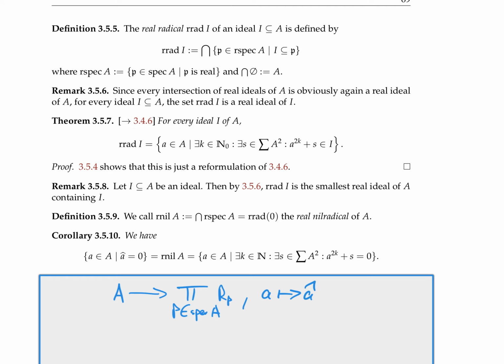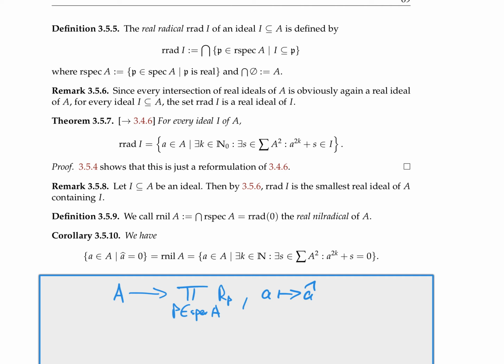Yes, if this is true with k equals 0, when 1 plus such an s is in I, then I could just multiply it with a squared, and a squared times s is again a sum of squares. Yes, it's okay. It doesn't matter if you take n or n0. So here I took n, but I could also take n0. Yes, it's the set of all A such that an even power of A plus a sum of squares is 0. And that's a corollary.